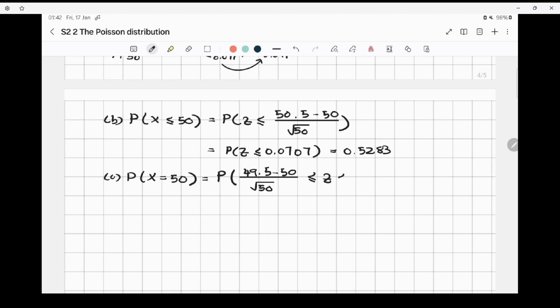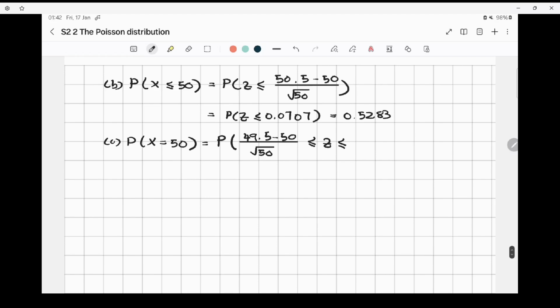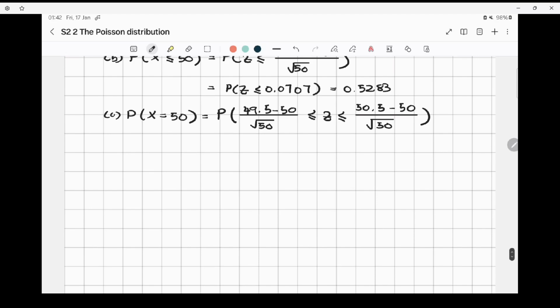Because you want to include the number 50, this is less than or equals to Z, and then less than or equals to (50.5 minus 50) divided by the square root of 50. So obviously we already calculated this value. This is minus 0.071 and then 0.071.